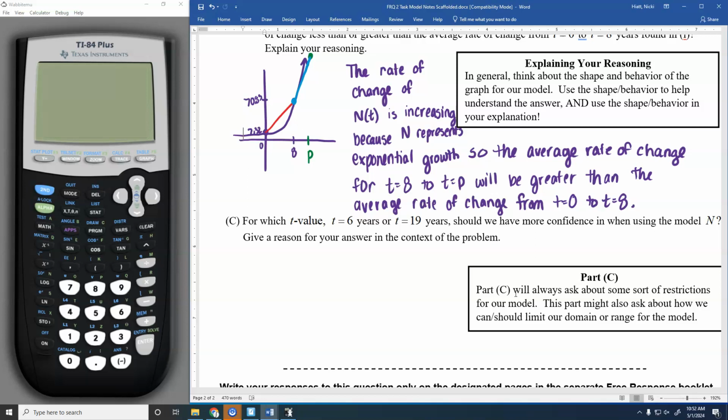For this, it's asking us for which t-value, t equals 6 or t equals 19, should we have more confidence in using the model N? Give a reason for your answer in context of the problem.